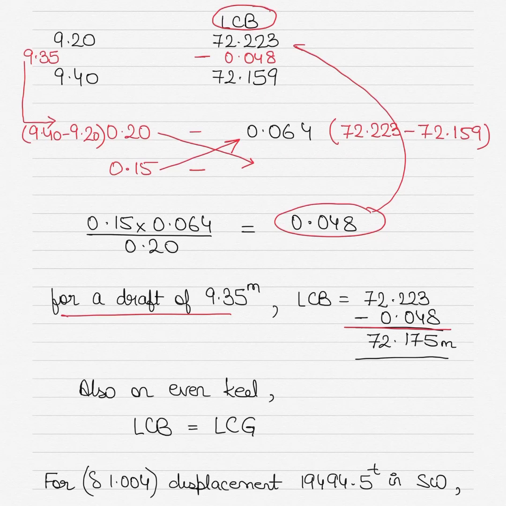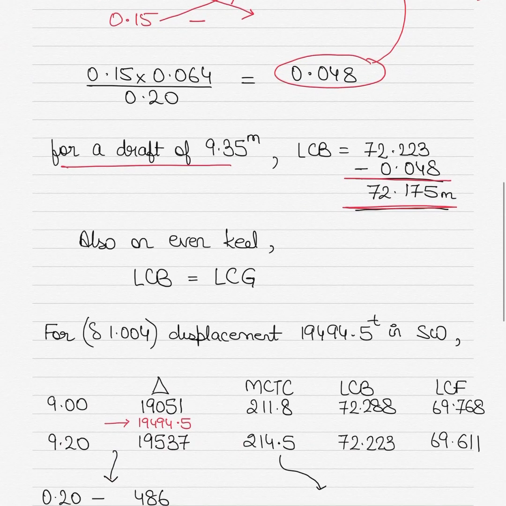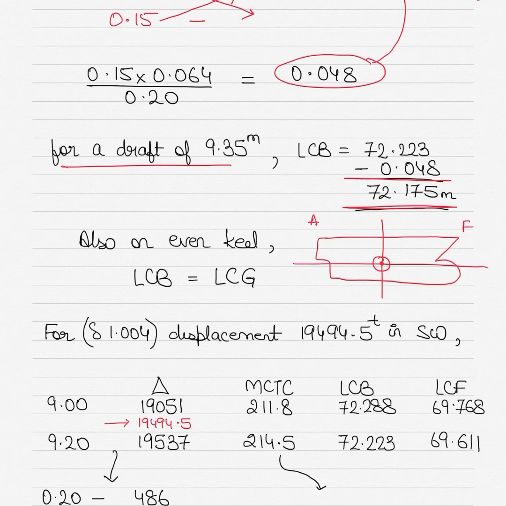So what we are doing is basically finding out the LCB, because in this case when the vessel is on even keel, when the vessel's draft is the same forward and aft, the water is at the same level, what happens is the LCB coincides with the LCG. LCB and LCG are located at the same distance from the aft perpendicular, if this is forward and this is aft.